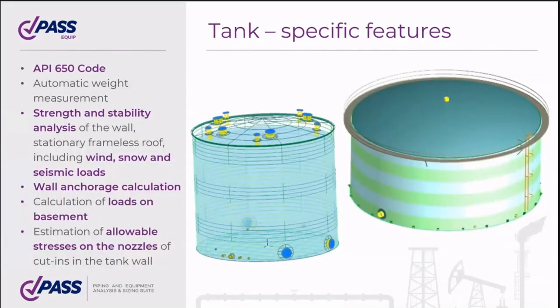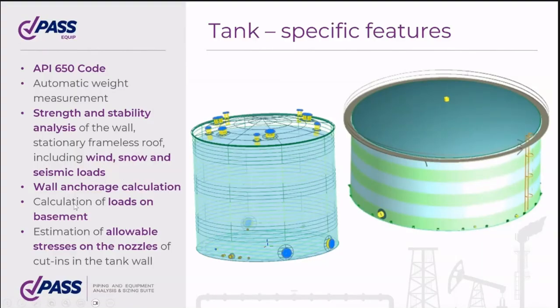And for tanks, we have API 650 code with automatic weight measurement and stress and stability analysis of walls. Of course, you can define different thickness on different levels. So the construction of the wall, and wind, snow, and seismic loads.